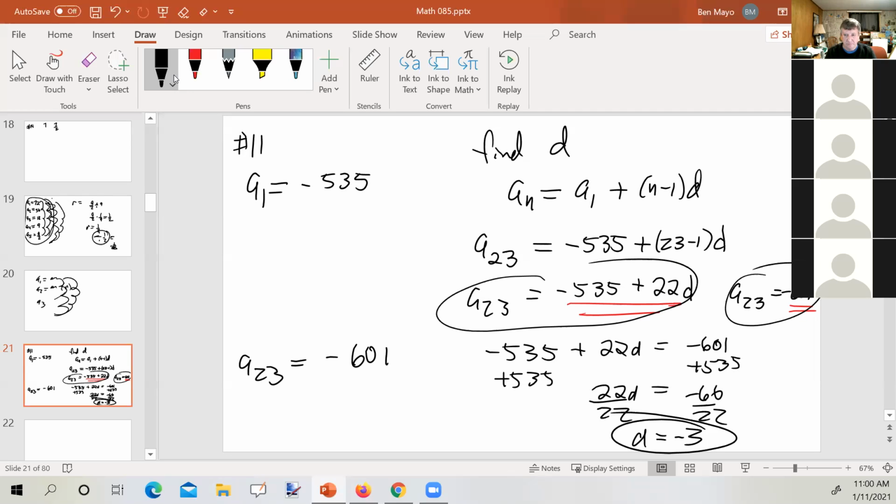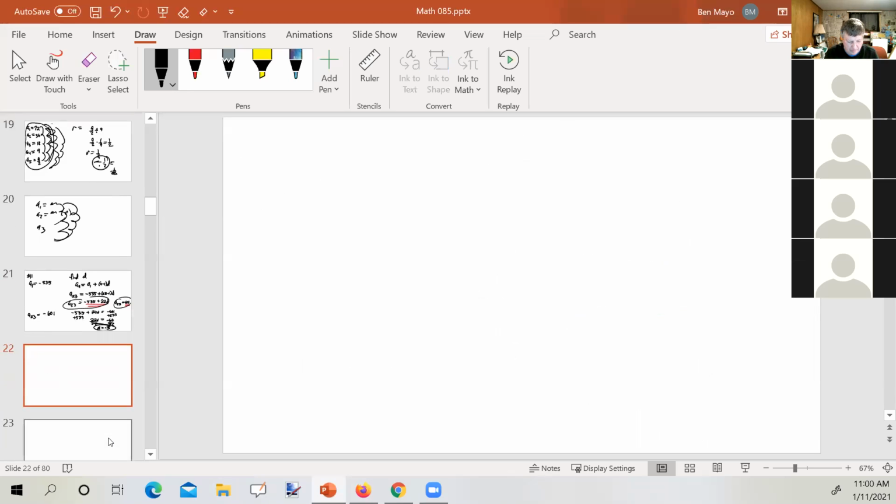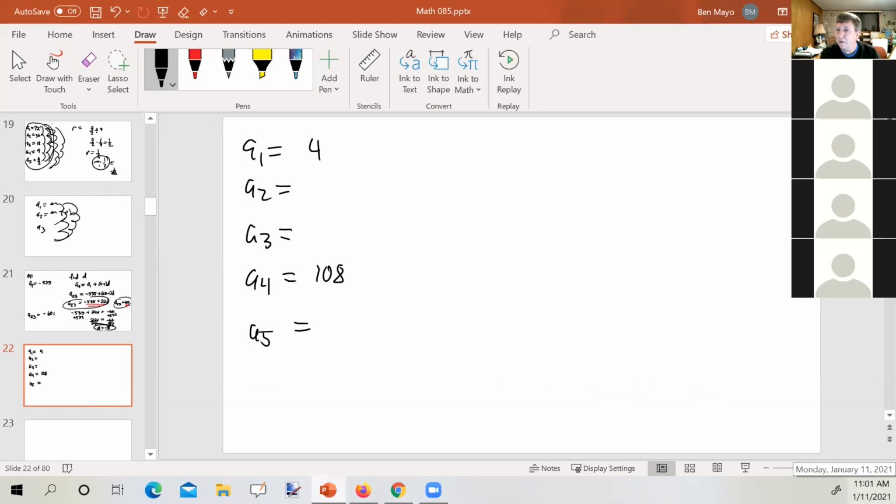There's one that I'm really struggling with on 14.3. It's find the first 5 terms. The first term is 4 and the fourth term is 108. Read it again, please. Hold on, give me 1 second.